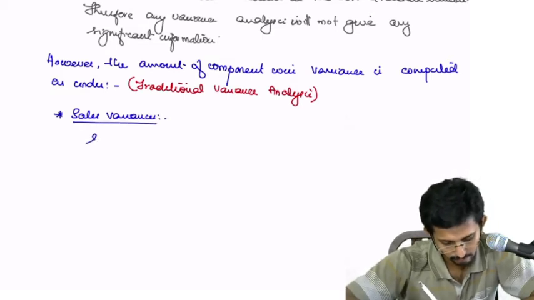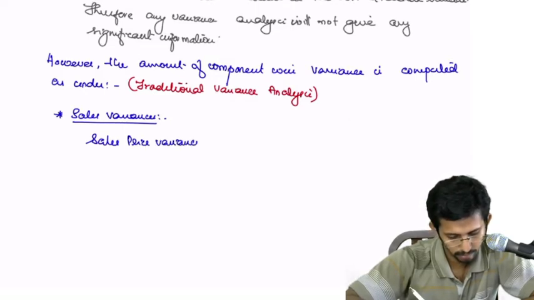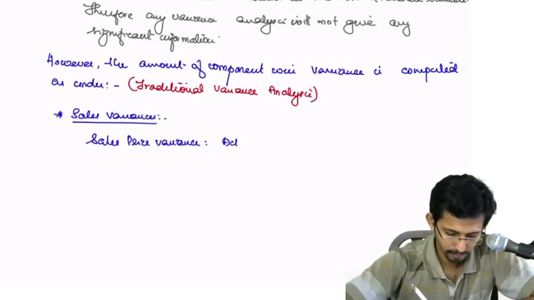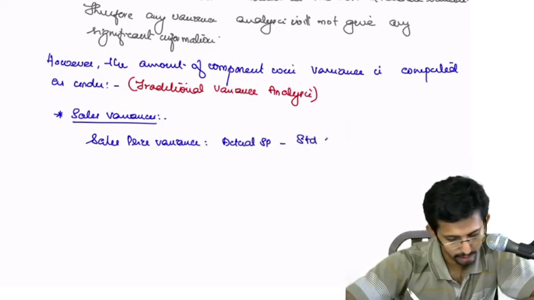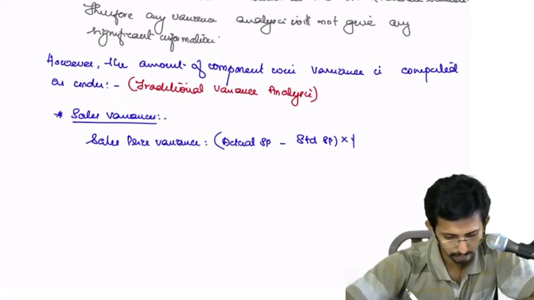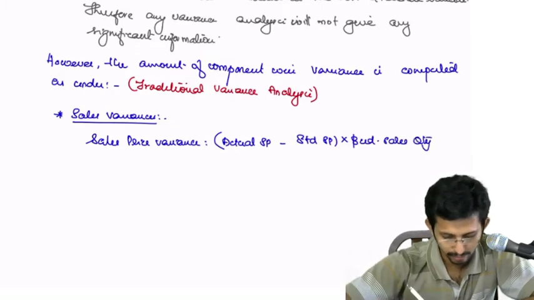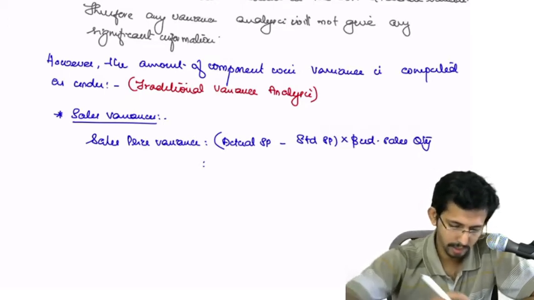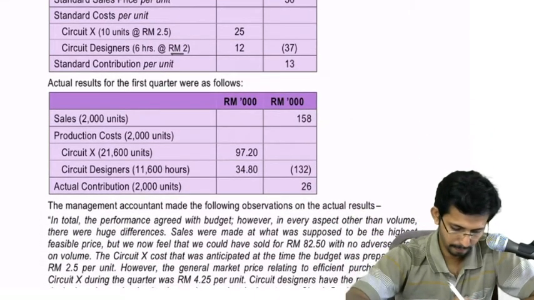One is the sales price variance, that is, actual selling price minus standard selling price, into what? Budgeted sales quantity. Actual selling price, how much? Actual selling price is how much? 158 divided by 2000.